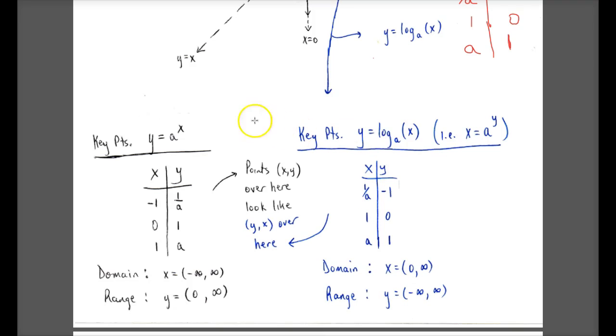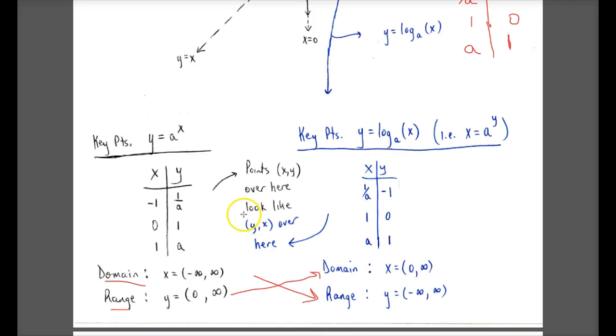Okay, and so down here I still have key points again. If -1, 0, 1, 1 over a, 1, and a, we know that these are the key points for the exponential. For the logarithm, we just interchange all those around. And of course, the domain of the exponential function ends up being the range of its inverse, and the range of the exponential ends up being the domain of the inverse function, the logarithm.